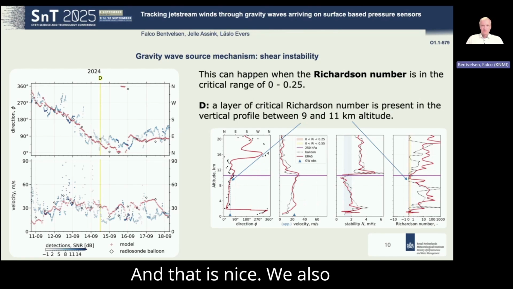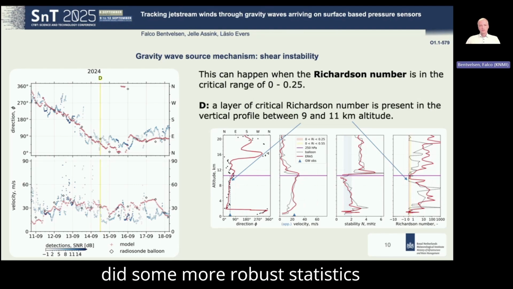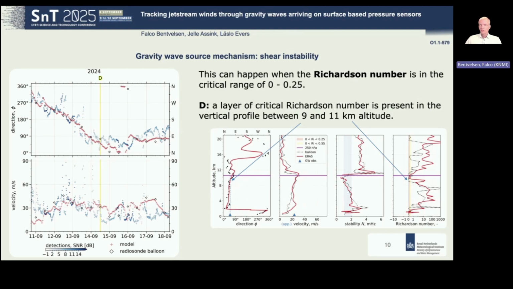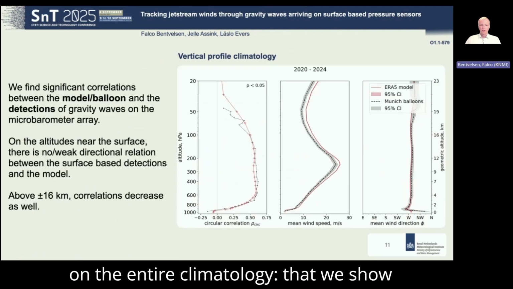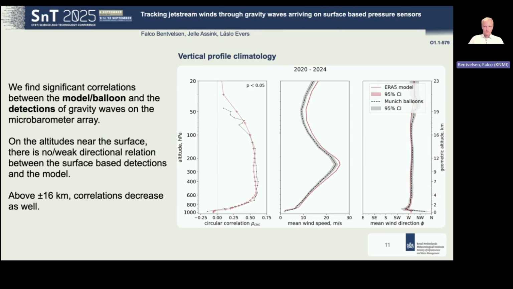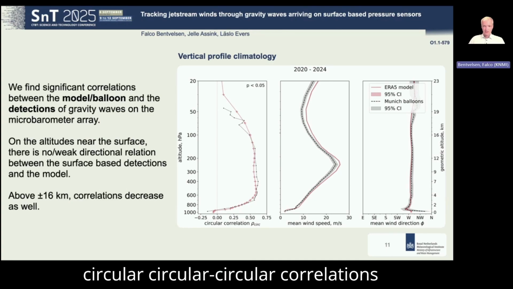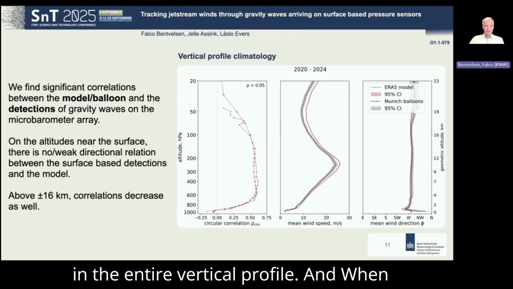And that is nice. But we also did some more robust statistics on the entire climatology, and that we show here, where we show the circular to circular correlations in the entire profile.